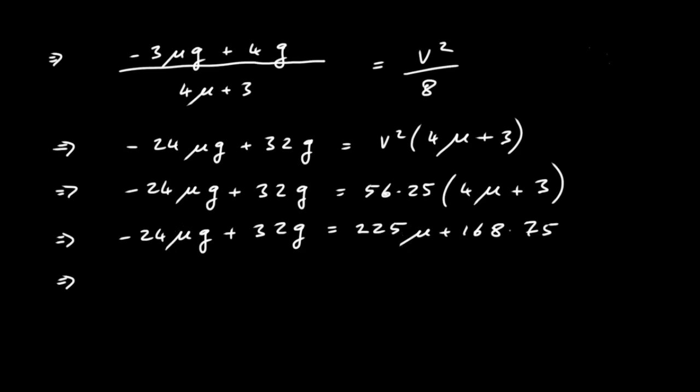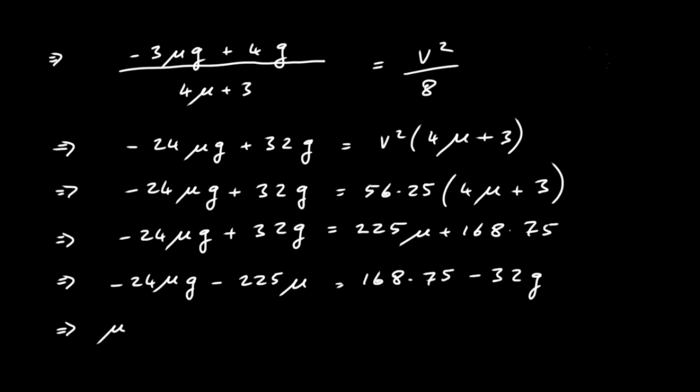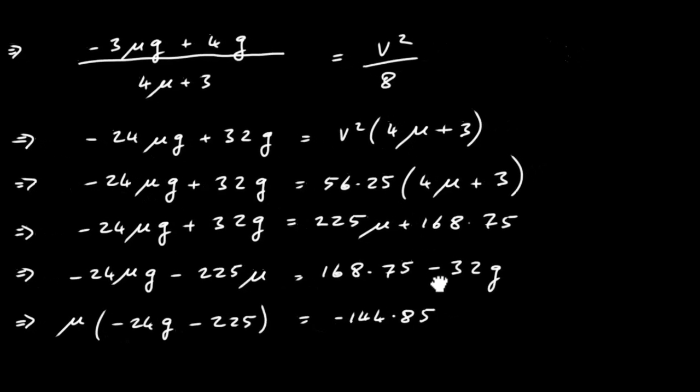So that's minus 24 mu g minus 225 mu is equal to 168.75 minus 32g. Okay, so next line then, I'm just going to factorize out the mu here, which will leave me with minus 24g minus 225 is equal to, when you do this over here, you'll get minus 144.85. Okay, so almost there.